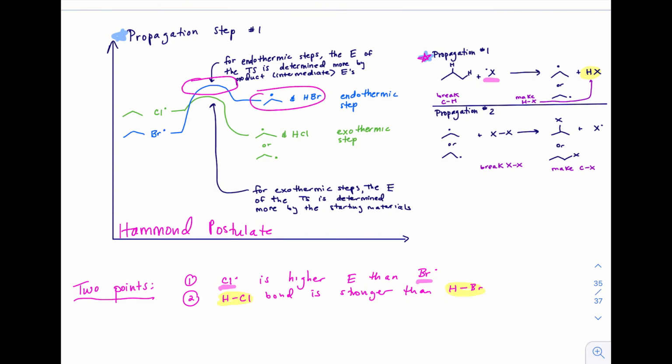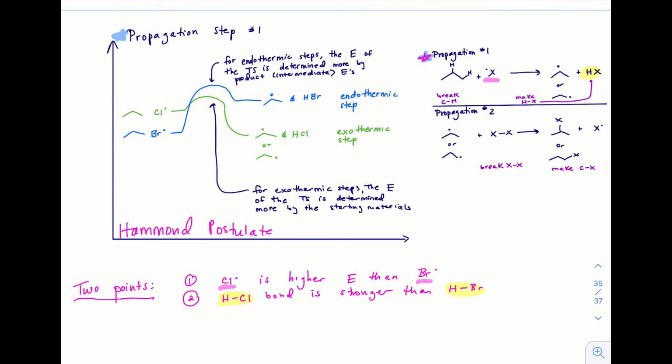So the transition state looks like the products of that step. For exothermic steps, however, the transition state is closer in energy to the reactants of that step, and so it looks more like the reactants. So the products of that step don't really determine the energy of the transition state very much.